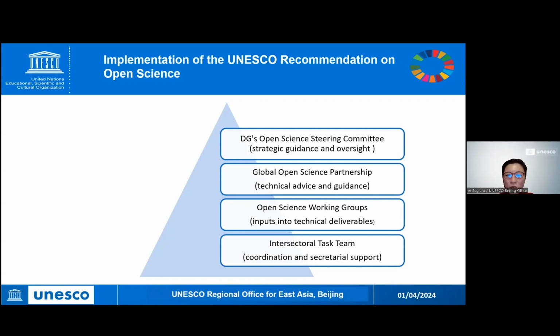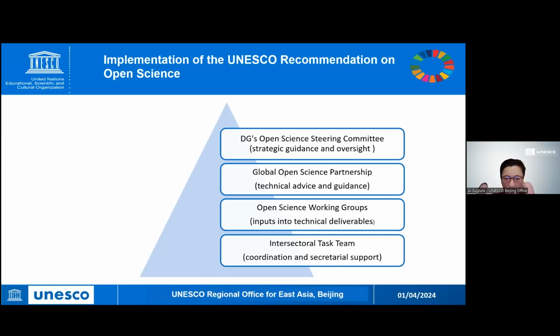Then we have a global open science partnership with technical advice and guidance given by a lot of different partners. And then we have the open science working groups, and they are really the technical groups on each of the themes that I said. And internally in UNESCO we have an intersectoral task team where we are coordinating within the different sectors, like culture, communication and information, social and human sciences and education.